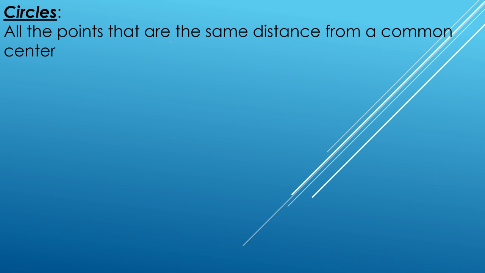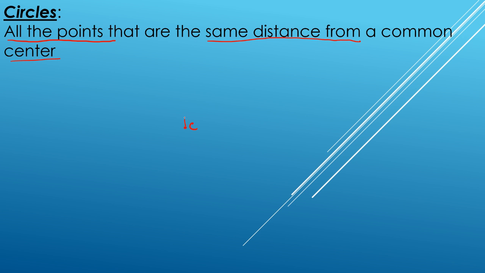Now, a word on circles. The technical definition for a circle is all the points that are the same distance from a common center. Think about that for a second. We have a center right here. So let's say we pick a distance. Let's say we pick 5 feet, right?